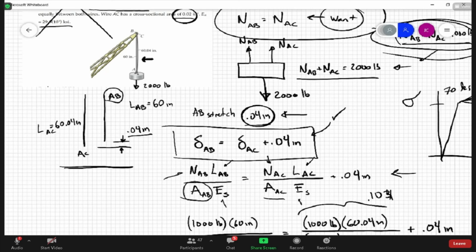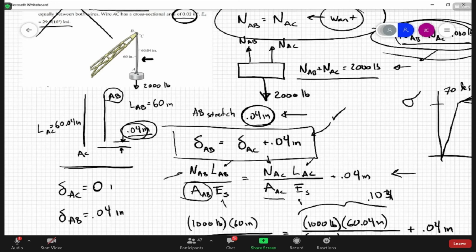So you can do it through a thought experiment, right? At the point where AB has stretched the 40 thousandths of an inch and AC has not changed, we know at least at one point delta AC is equal to 0 and delta AB equals 0.040 of an inch.